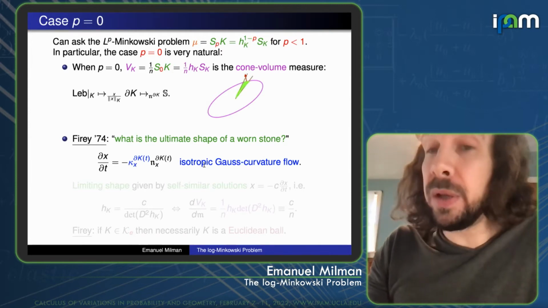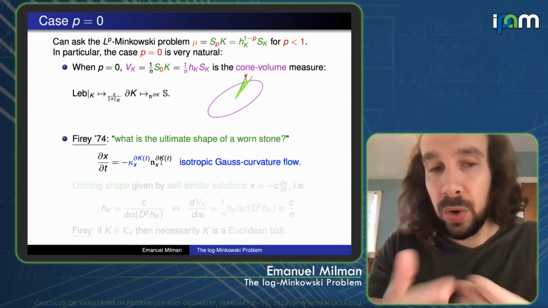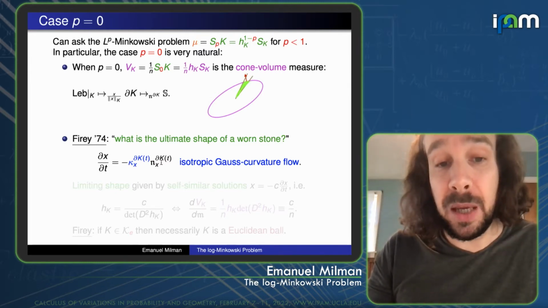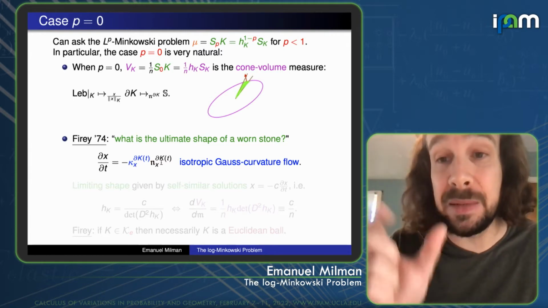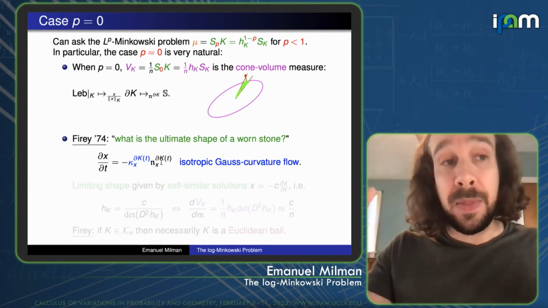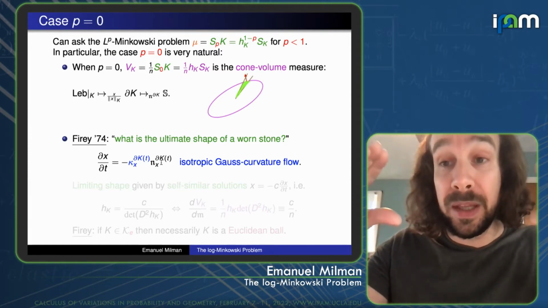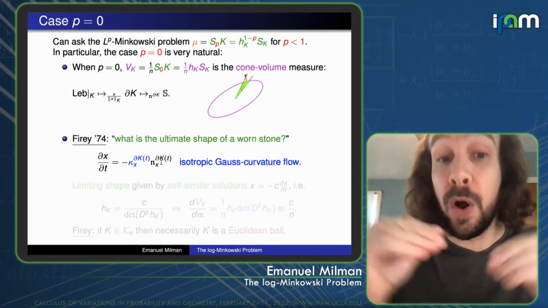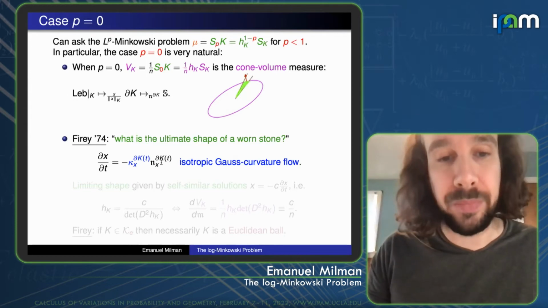So at the time, Firey did not know how to justify the short or long-term time existence of this PDE, but nowadays this is well known, and it's known that there exists a maximal time interval along which everything is well posed. And this maximal time is exactly the time when the shape converges to volume 0. Okay, so this thing really shrinks until it reaches volume 0.